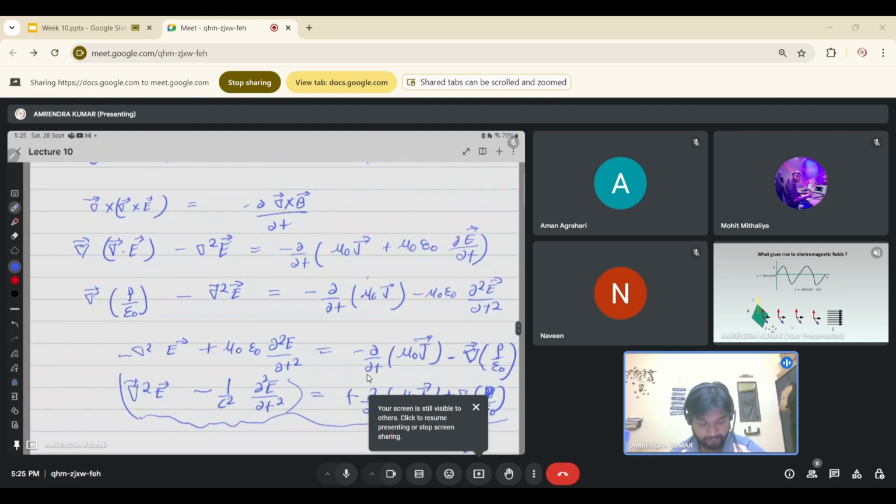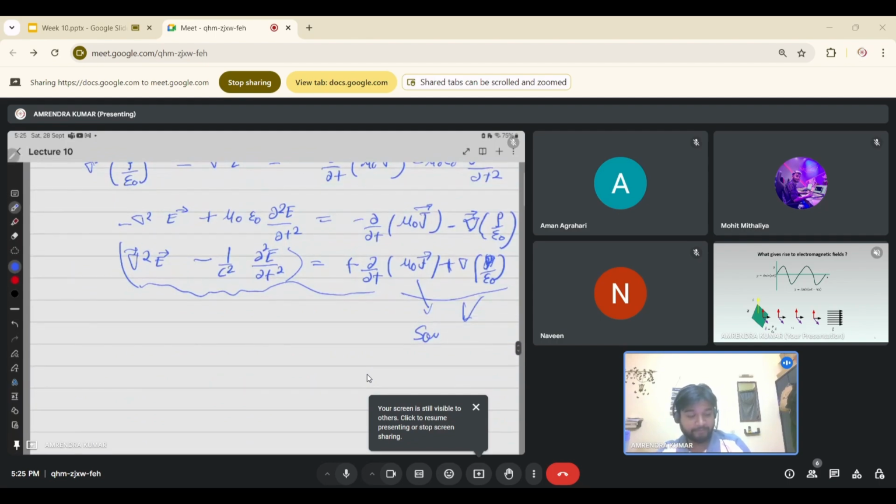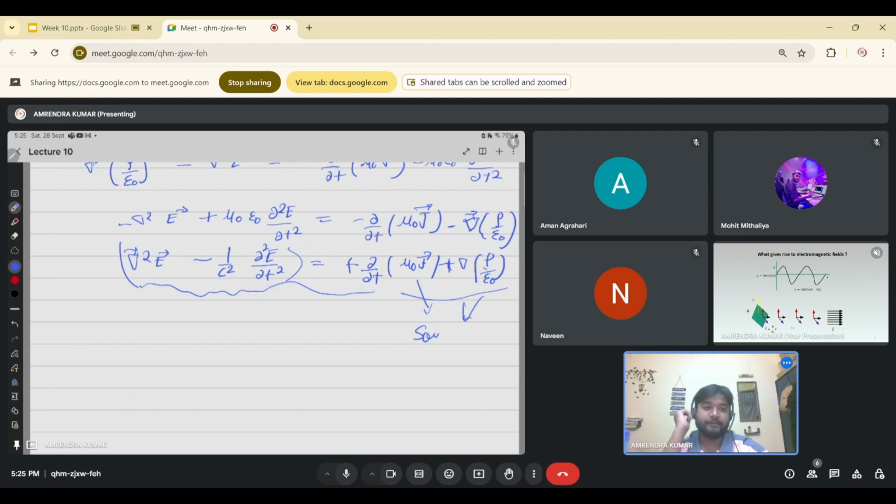This thing I have written by mistake. This should be a plus sign on the right hand side on this charge density. Okay. Now what can we understand from this?